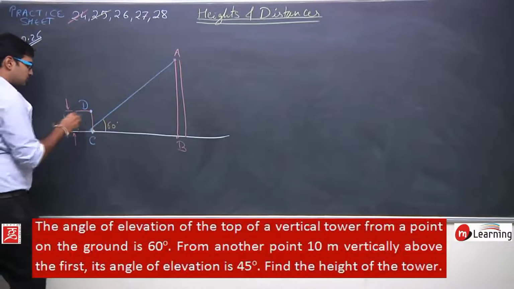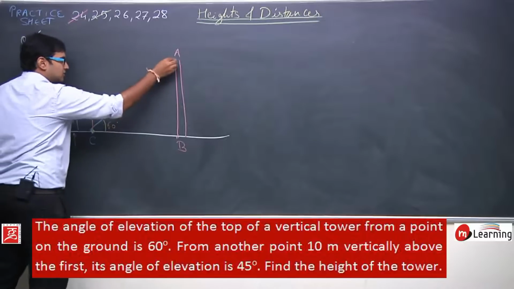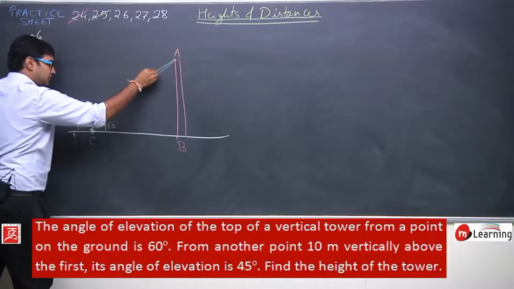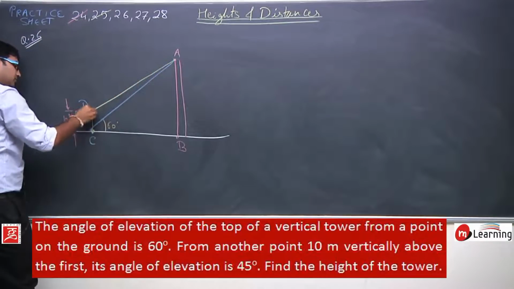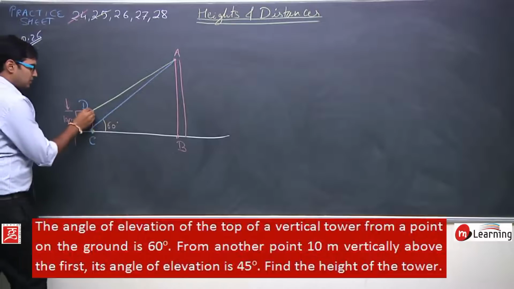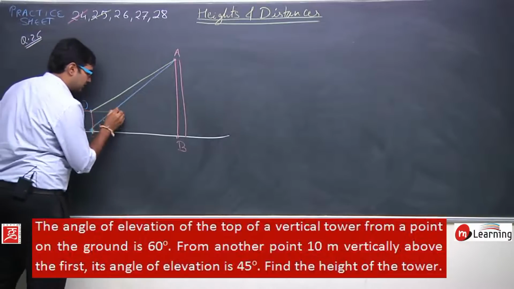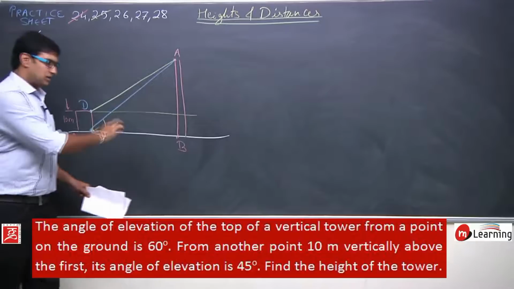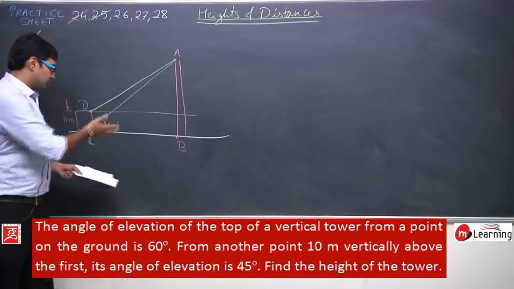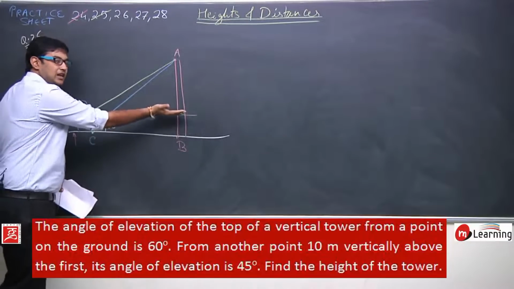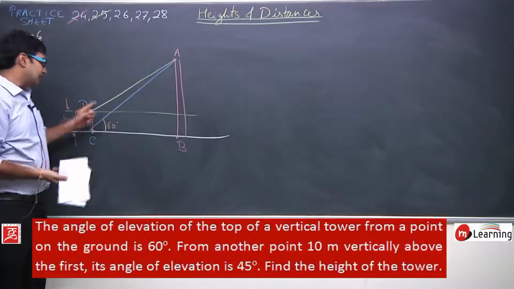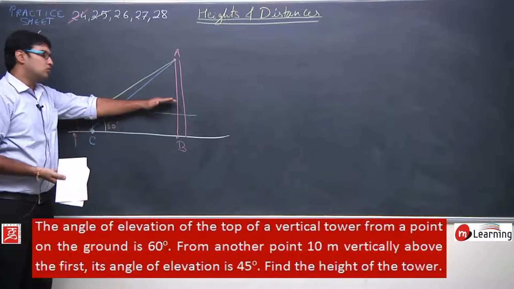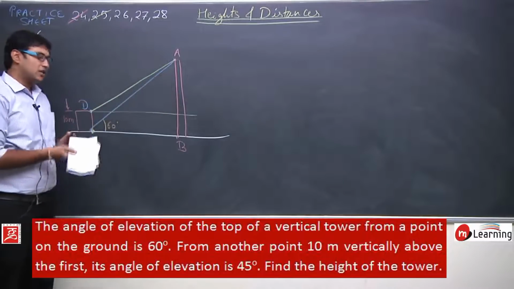So the line of sight for this particular point A, the top of the tower, will be this one. This is the line of sight. Now this is the horizontal, and to observe the top, if I am standing at this D point, I need to move my head 45 degrees upwards.